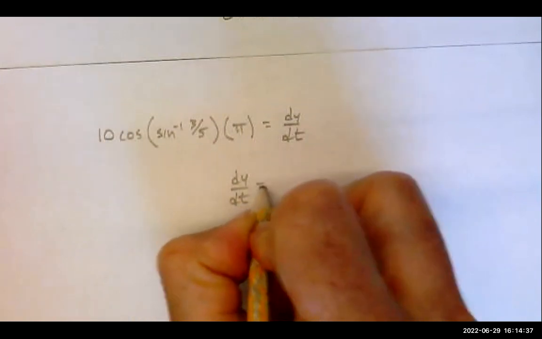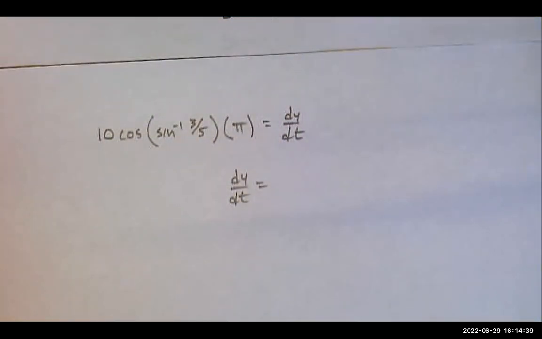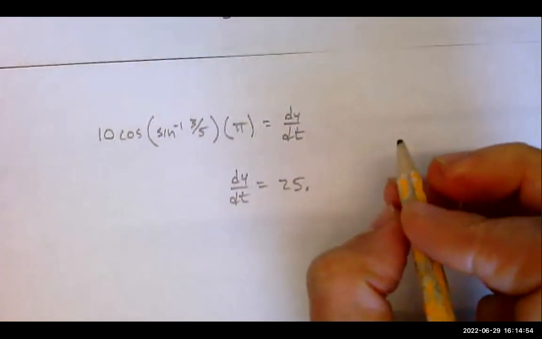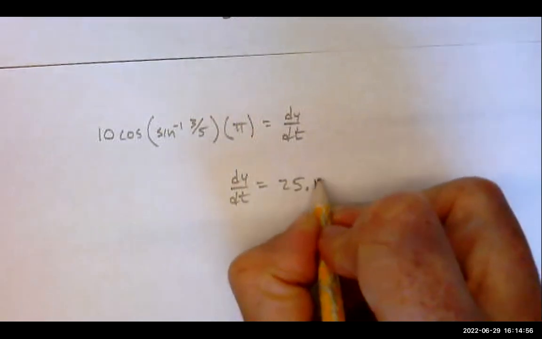Let's say dy over dt equals, make sure you're in radians, 10 cos inverse sine of 3/5, multiply that by pi, and I got, rounding to 2 places, I think is what we want, 25.13.